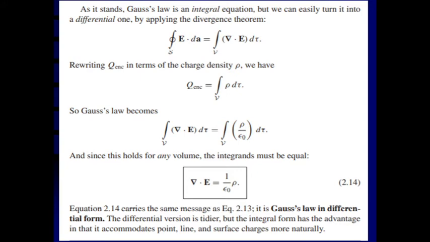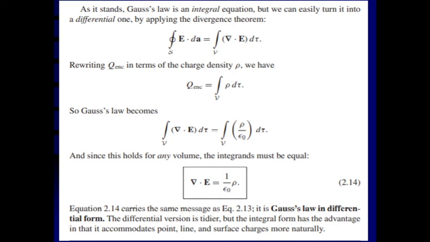So from this Gauss's law, using the divergence theorem, the surface integration of E dot dA is equal to the volume integration of divergence of E d tau. So the divergence theorem is utilized here to convert the surface integration into the volume integration. And this can be substituted in our previous equation.